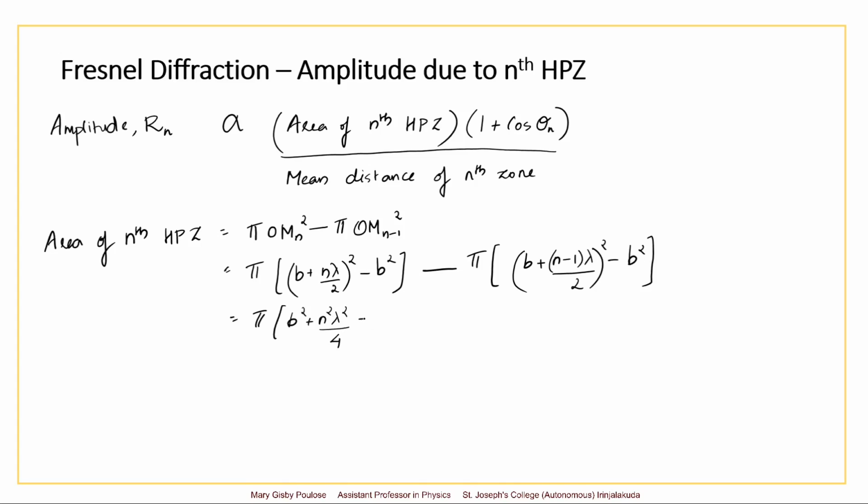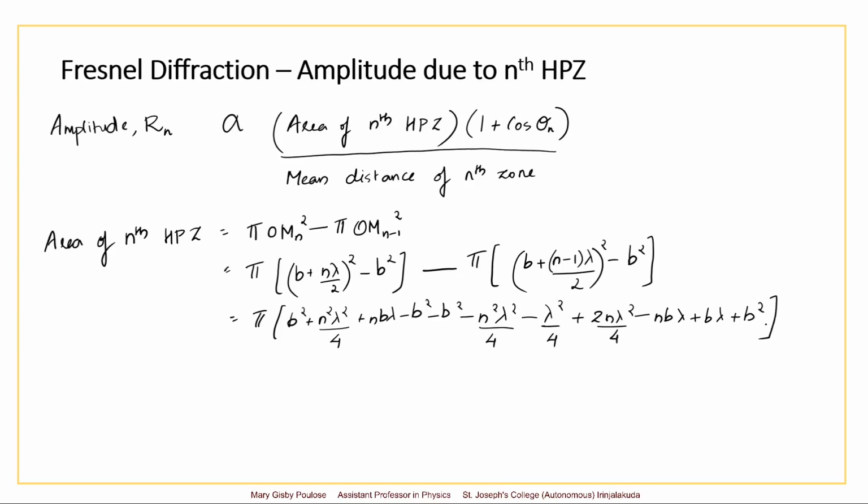Expanding this, let's take pi common: pi of b square plus n square lambda square by 4 plus nb lambda minus b square, minus b square minus n square lambda square by 4 minus lambda square by 4, then plus 2n lambda square by 4 minus nb lambda plus b lambda plus b square.